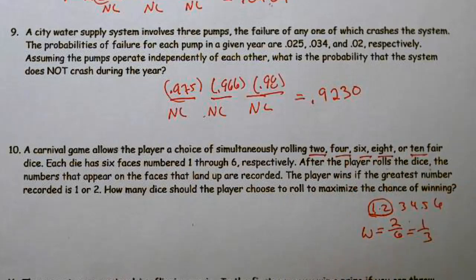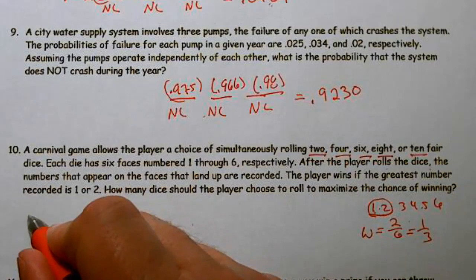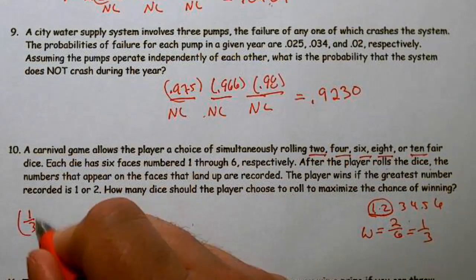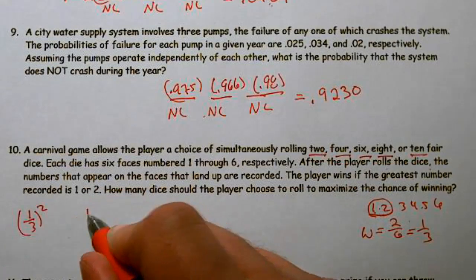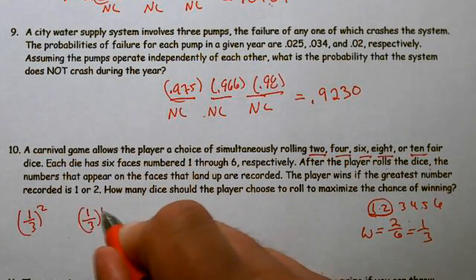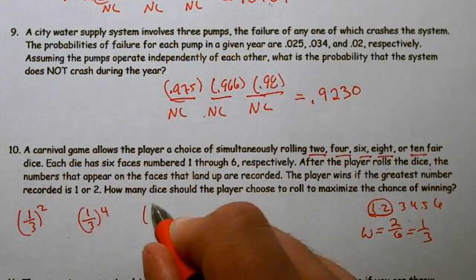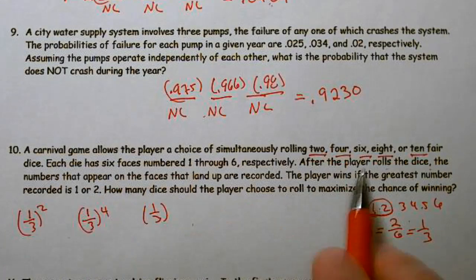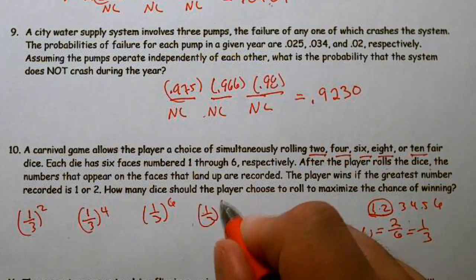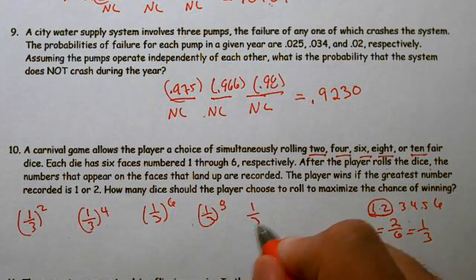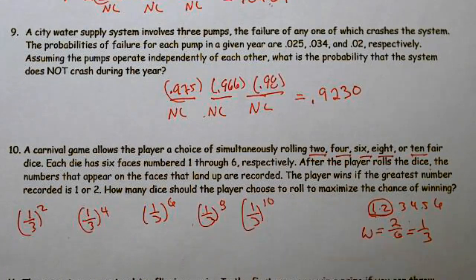So in this case, it's like, all right, I can do 1/3. This would be for 2 dice. This would be for 4 dice, 6 dice, 8 dice, and 10 dice.